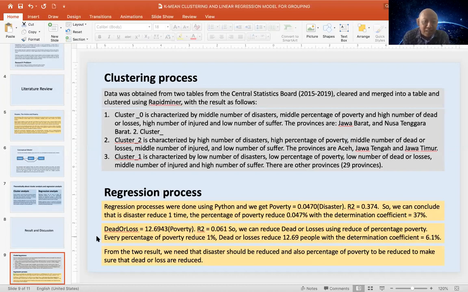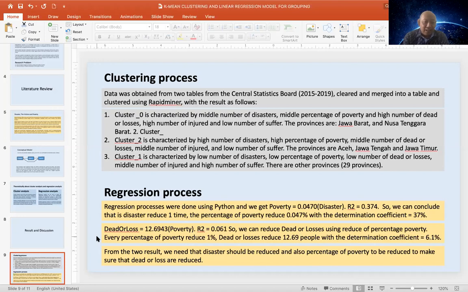Cluster 0 is characterized by a middle number of disasters, middle percentage of poverty, high number of deaths or losses, high number of injured, and low number of suffered. Cluster 2 is characterized by a high number of disasters, high percentage of poverty, middle number of deaths or losses, middle number of injured, and low number of suffered.